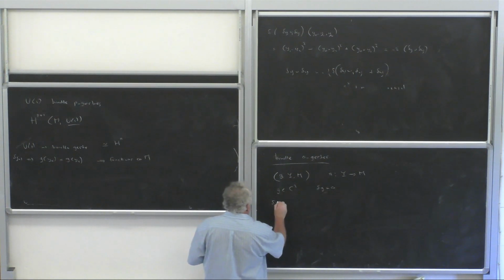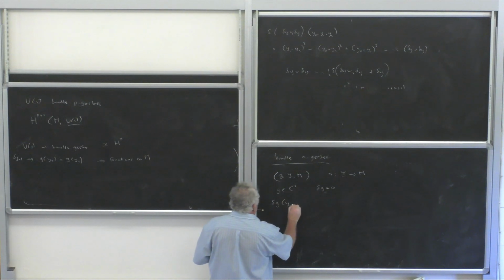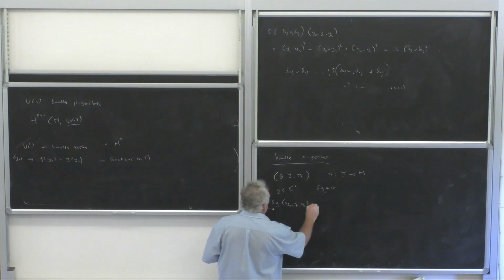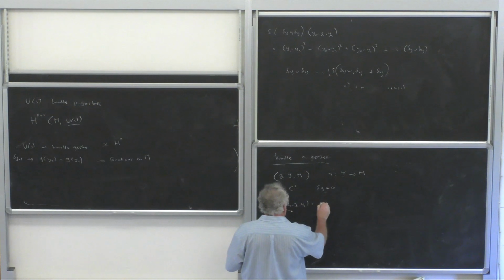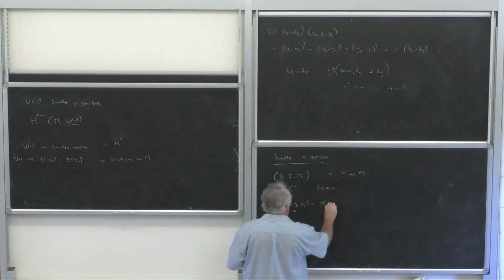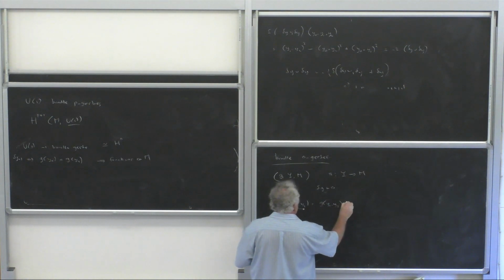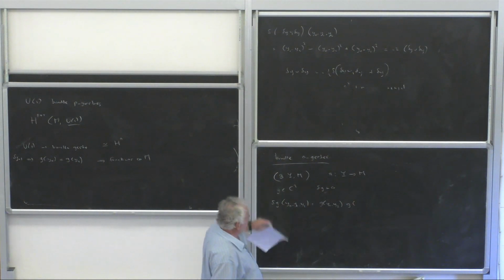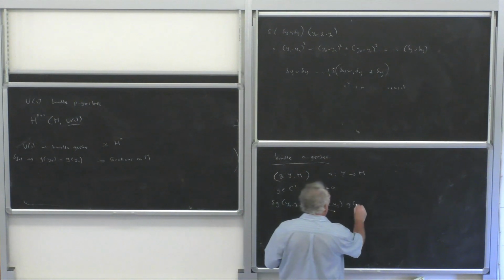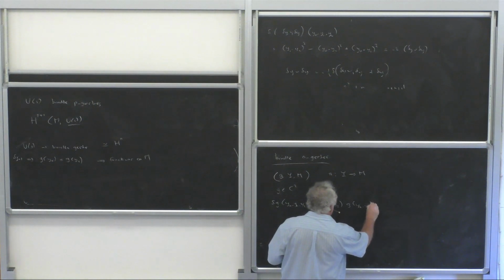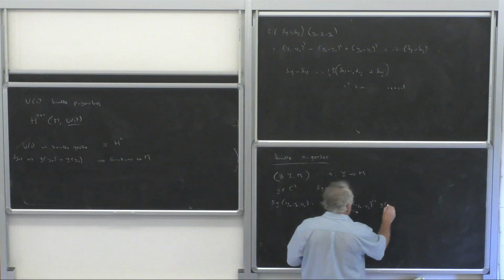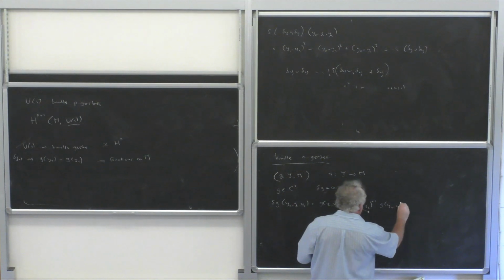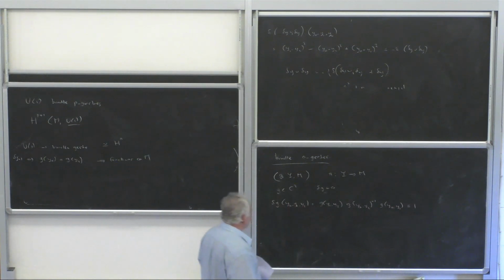So this is G(Y1, Y2), and right now I'm considering U(1), so I write it multiplicatively: G(Y0, Y2)^-1 G(Y0, Y1) should be 1.